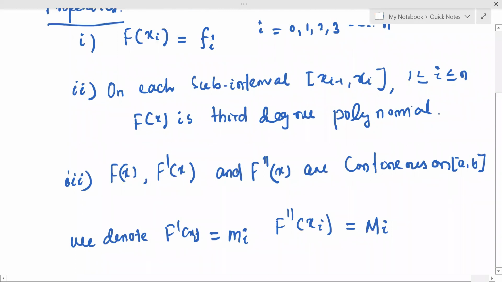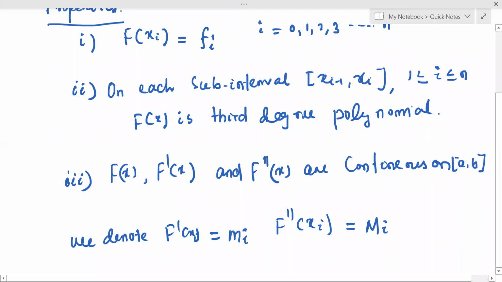First one is f xi is equal to fi for i is 0, 1, 2, 3 up to n. Second property, on each subinterval xi minus 1 and xi, where i lies 1 to n, capital Fx represents the third degree polynomial.